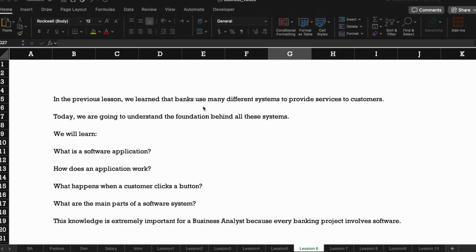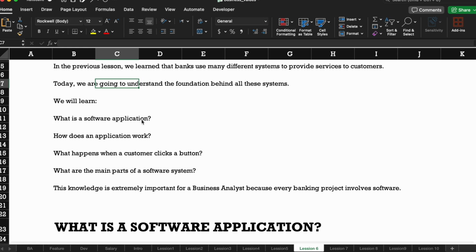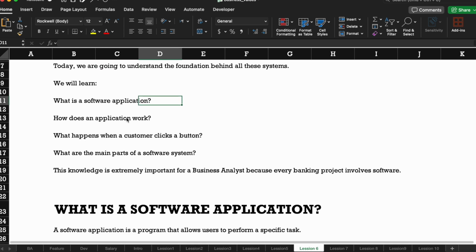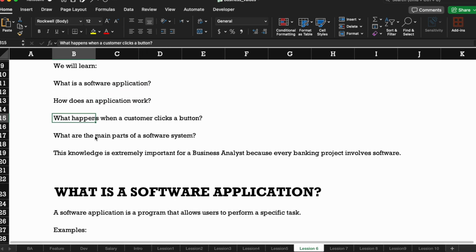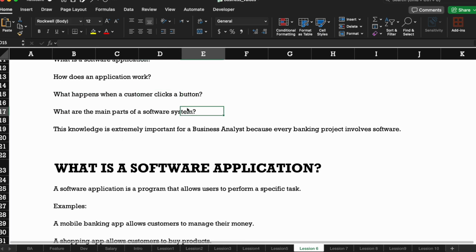We learned that banks use many different systems to provide service to customers. Today we are going to understand the foundation behind all the systems. So we will learn what a software application is, very important. How does an application work? What happens when a customer clicks a button? What are the main parts of a software system? Very important.